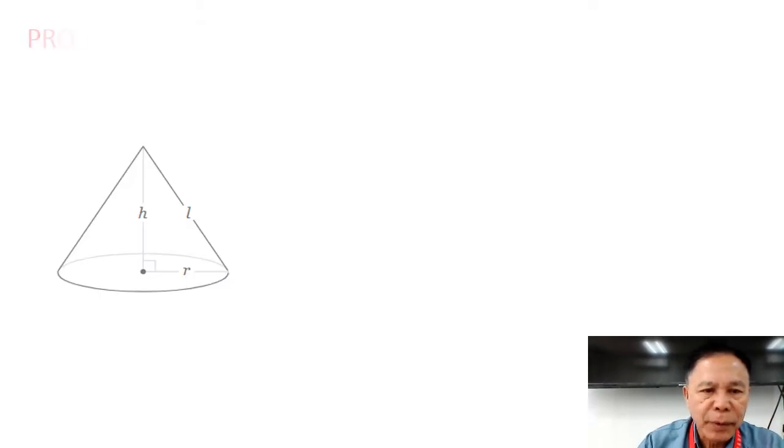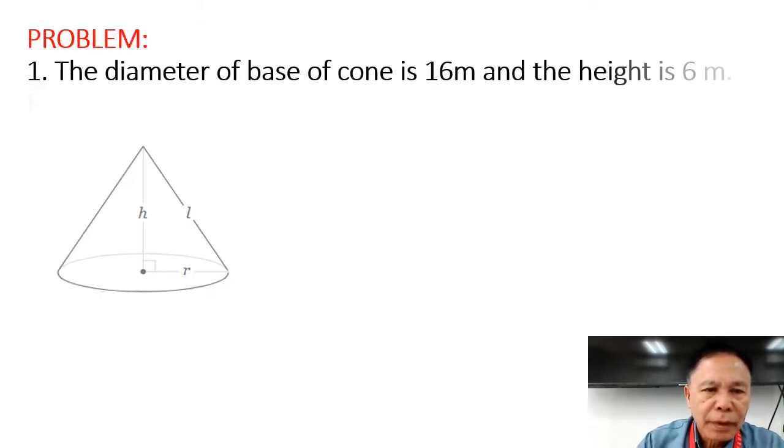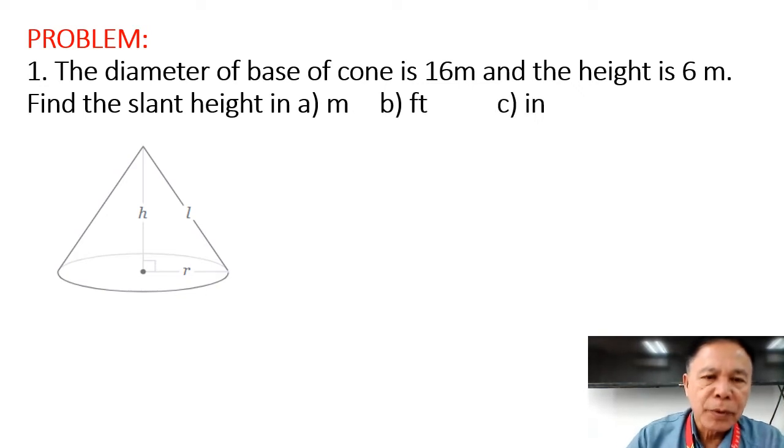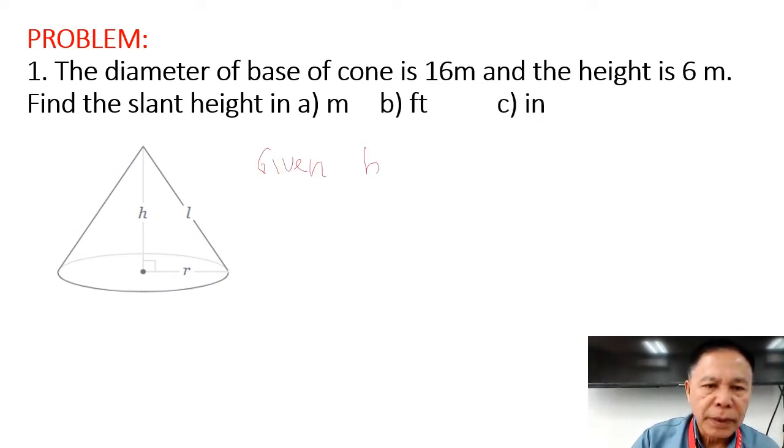So for example, the diameter of the base of the cone is 16 meters and the height is 6 meters. So the radius equals 8 meters, and the height is equal to 6 meters. From this figure, h, r, and l, you have that one.